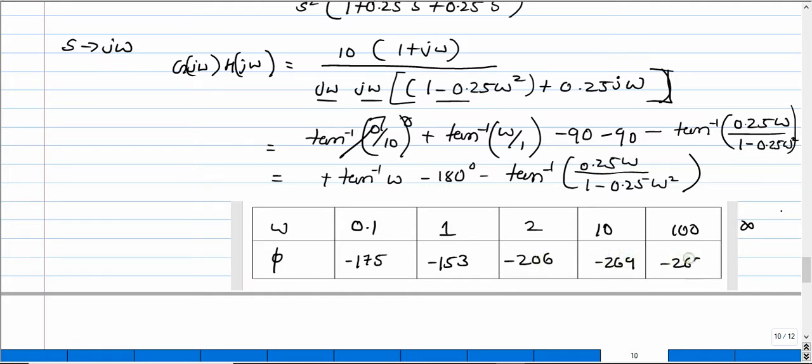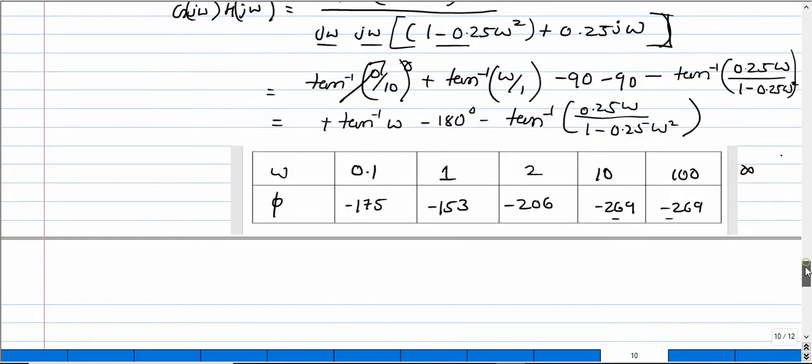I am getting these two values are the same, and I want students to cross check. I will give 5 minutes of time in order to cross check what angle we get when we substitute 10, and what angle we get when we substitute 100. Okay, so let me pause this.